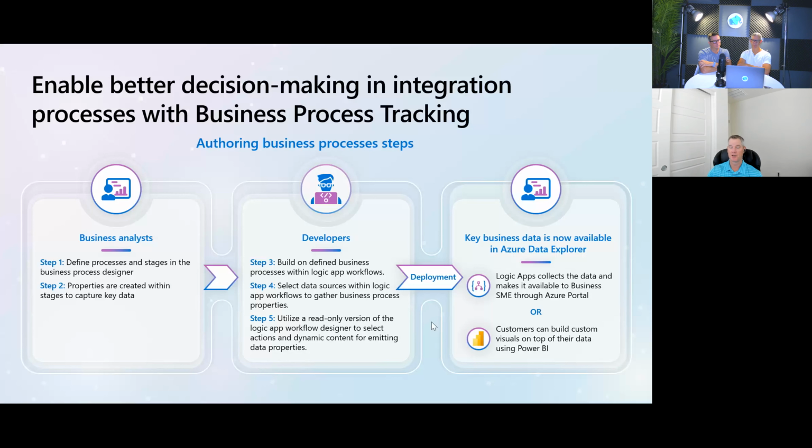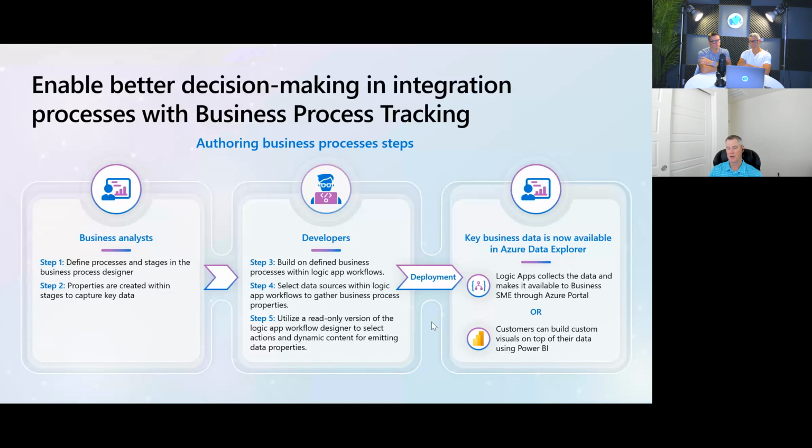As we see integration, there can be some very large messages with tens or hundreds of different fields. Some of those are going to be more important than others. So how do we focus on just the data that helps drive the business itself? And so what we've done is created an experience that allows a business analyst to come and define a conceptual business process through different stages: stage 1, stage 2, stage 3, stage 4, etc. And for each of those stages, what are the key data properties that are of interest at that particular point in the process?